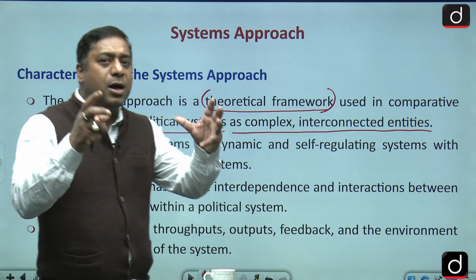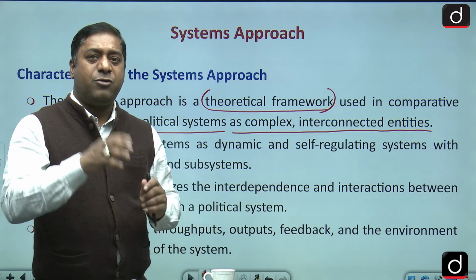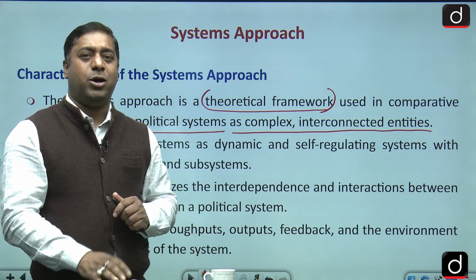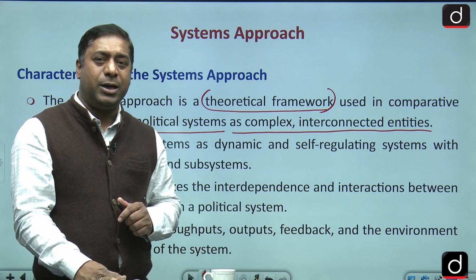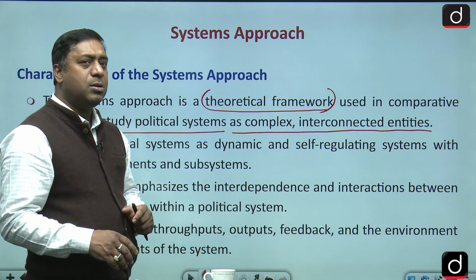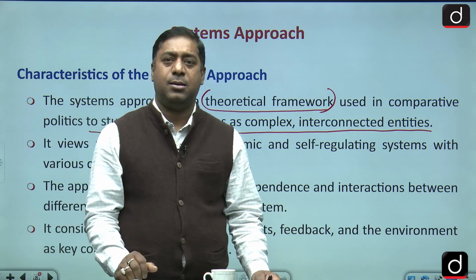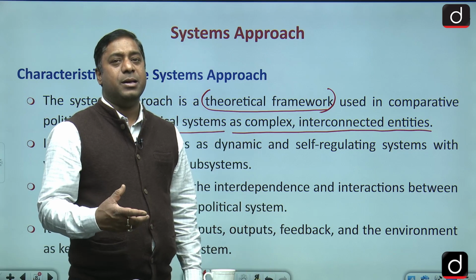That means here in the systems approach, we are trying to study comparative politics, and in this systems approach we are trying to study political systems as complex, interconnected entities.